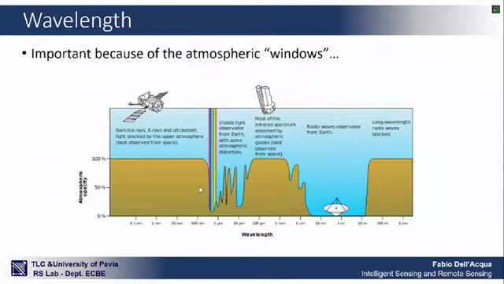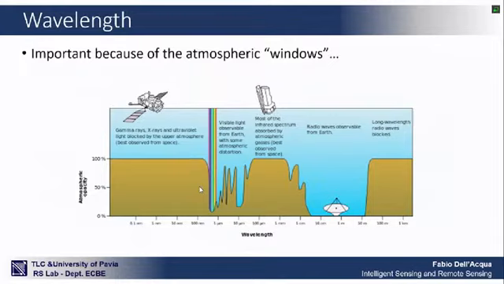In the microwave domain, it's not a big problem. As you see from the graph, the microwave window is pretty clean, and the atmosphere won't bother you too much. But if you look at the optical domain, then the atmosphere will bother you, and you have to take that into account in your measurement.